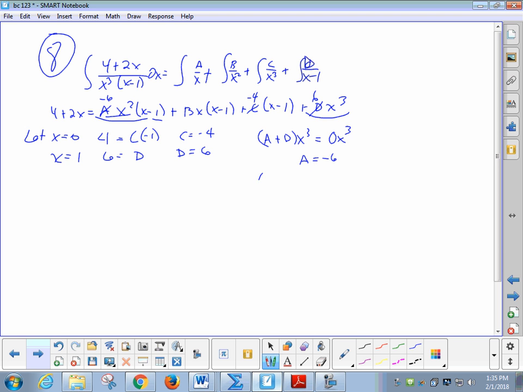Negative 6x squareds and bx squareds and nothing else. So negative 6 plus b x squareds. The other side has no x squareds. So that implies that b must be 6. And you're rolling from there? Okay, well. All right.